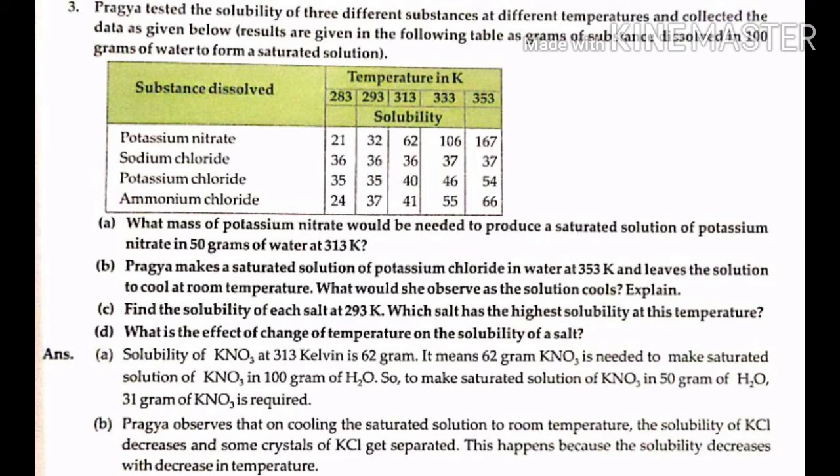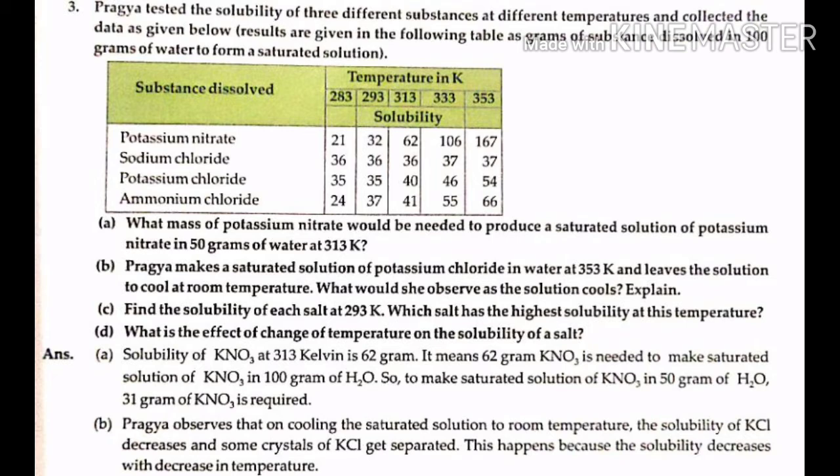A. What mass of potassium nitrate would be needed to produce a saturated solution of potassium nitrate in 50 grams of water at 313 Kelvin? B. Parasatkhi makes a saturated solution of potassium chloride in water at 353 Kelvin and leaves the solution to cool at room temperature.